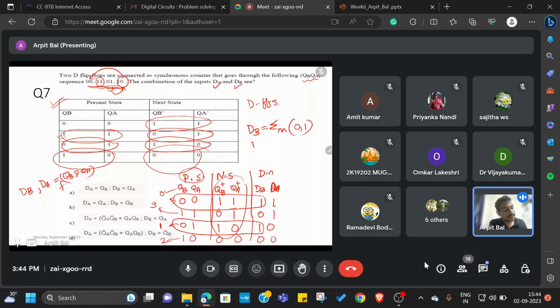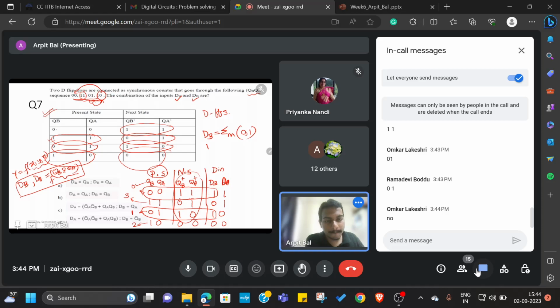So you assume that QB and QA are the inputs and DB and DA are the outputs, just like we used to do in combinational circuits. You have an output Y, you represent it as a function of X, Y, Z, where X, Y, Z are the inputs. Similarly I'm doing the same thing here as well. So is that clear, Omkar?